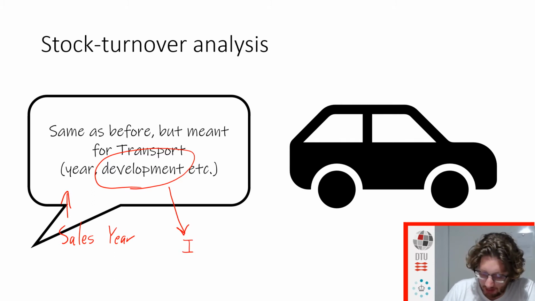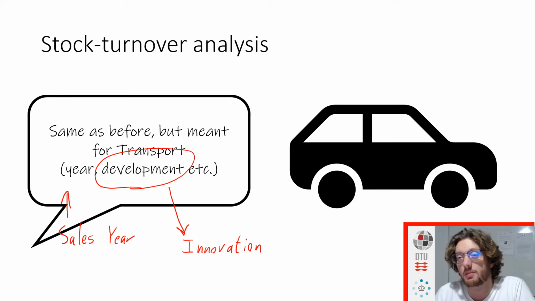So it's basically innovation that we're inputting for the different vehicles. And that's the big thing about stock turnover analysis for vehicles. It is a method for representing innovation, both a bit in the past, but especially in the future, what we are thinking will happen, and different alternatives in scenarios for that.